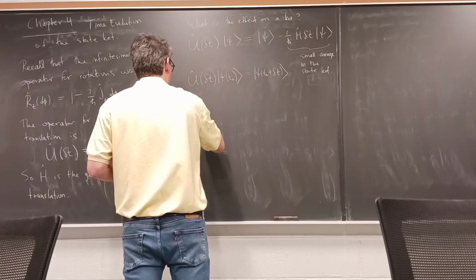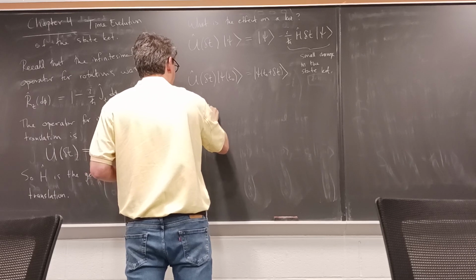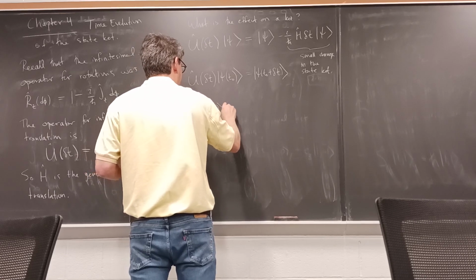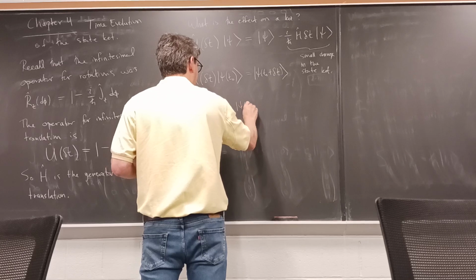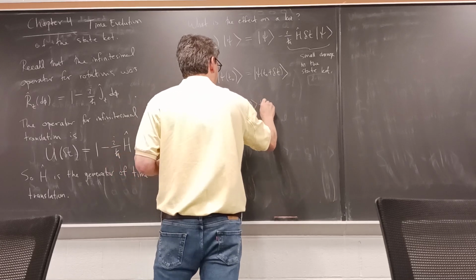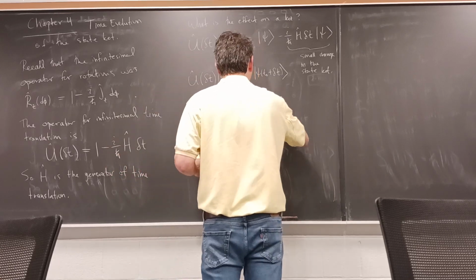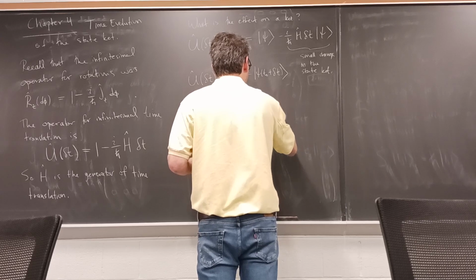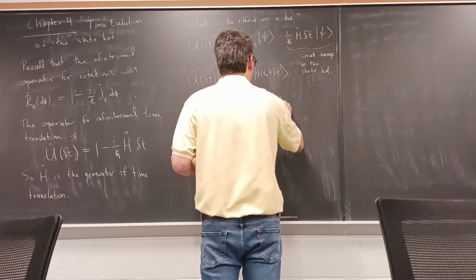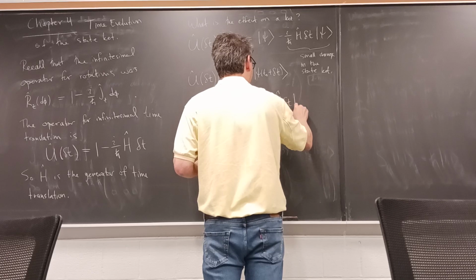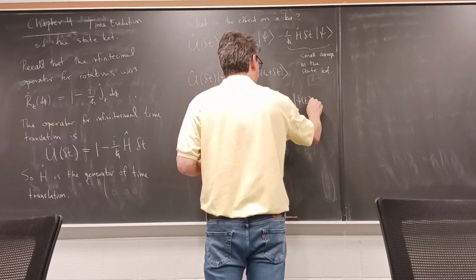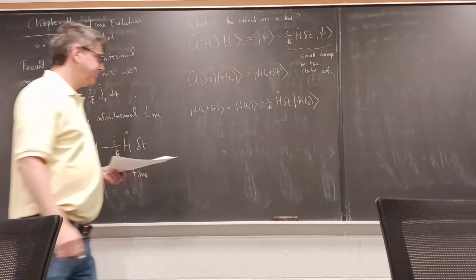So psi at t0 plus delta t should be psi at t0 minus i over h bar H hat delta t times psi at t0.